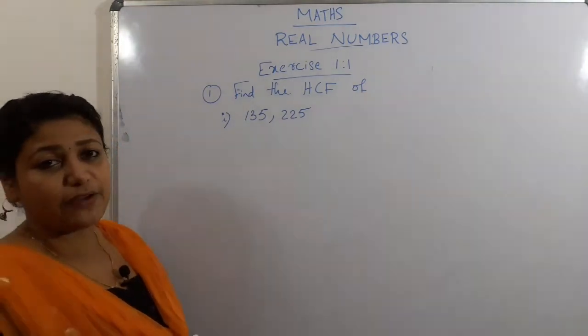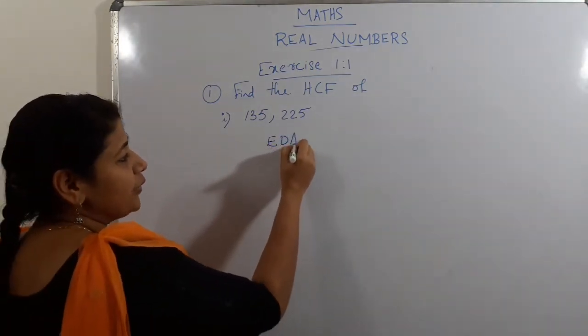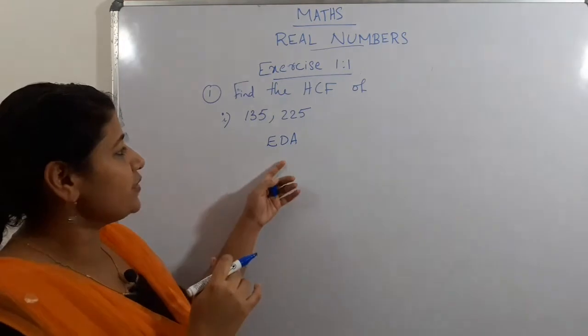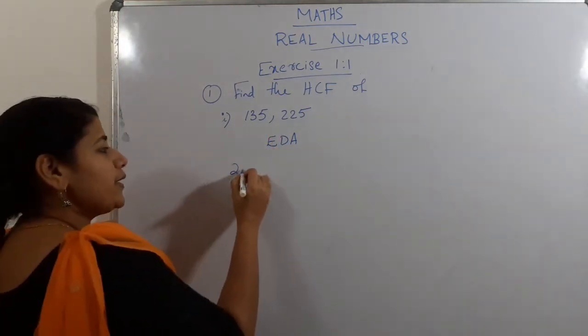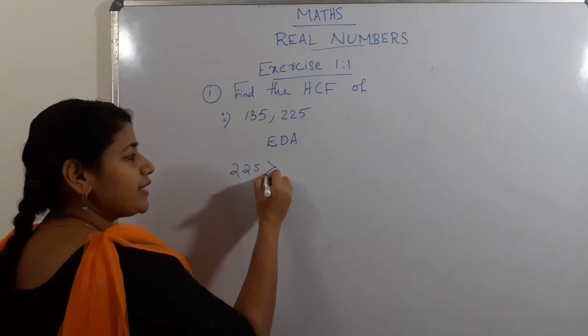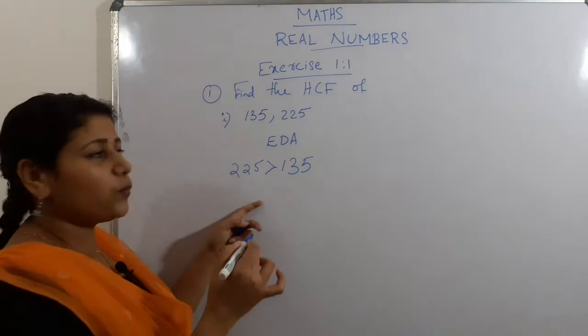To find the HCF, we have to use Euclid's division algorithm. In this, 225 is greater than 135.